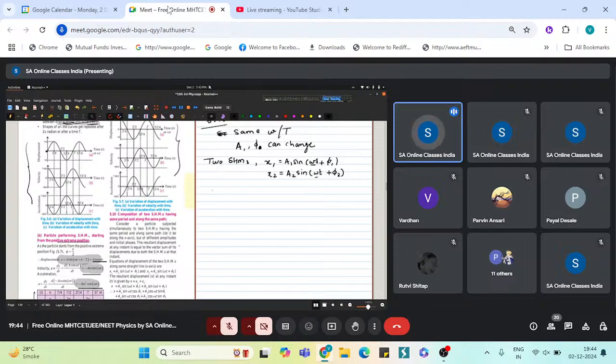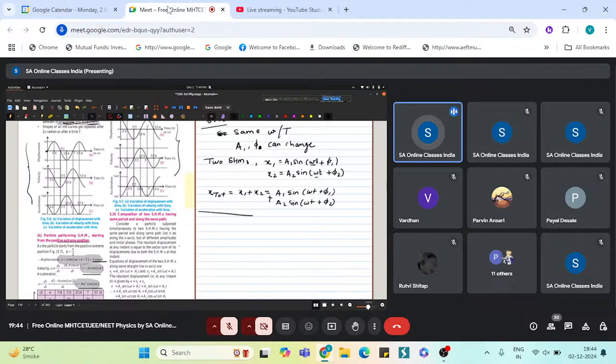So we'll just find total displacement, which can just be given as x1 plus x2, which is then A1 sin(omega t plus phi 1) plus A2 sin(omega t plus phi 2).